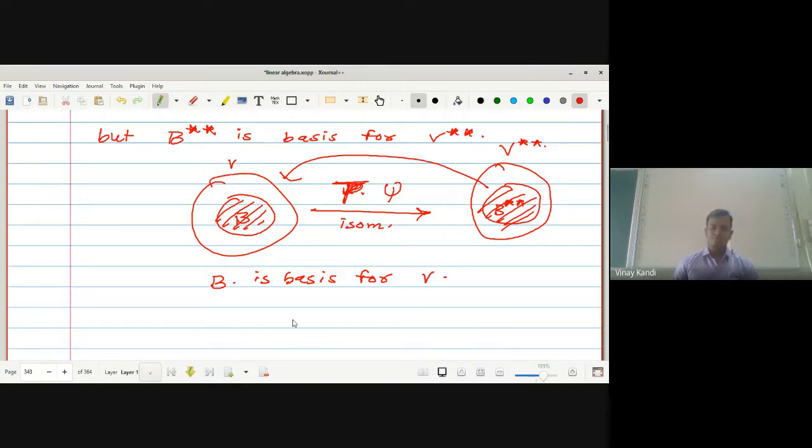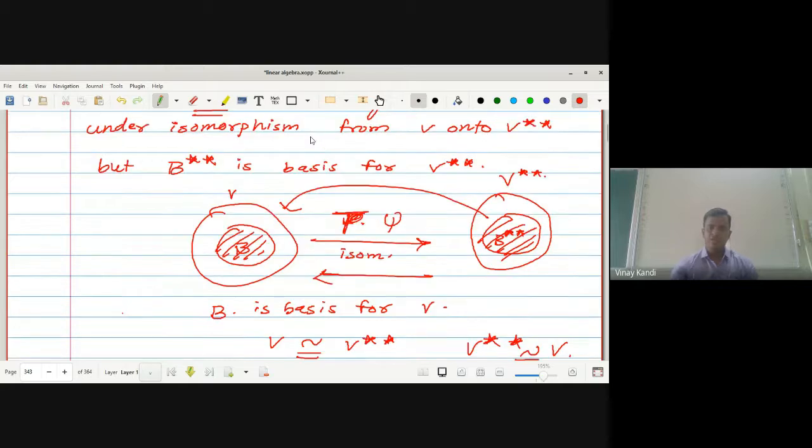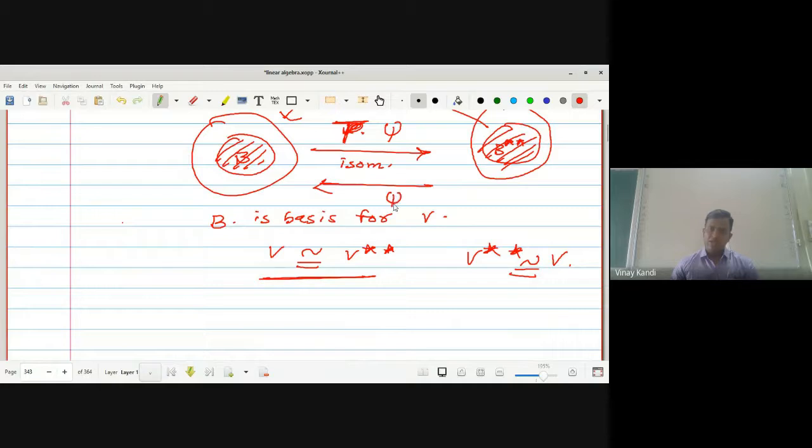Okay, isomorphism असेल तर आपल्याला हा V star to V is isomorphic to V double star. That means we can write this statement also. V double star is what? Isomorphic to V. Okay. जर माझा फंक्शन psi, V to V star, isomorphism असेल, then the inverse is again what?